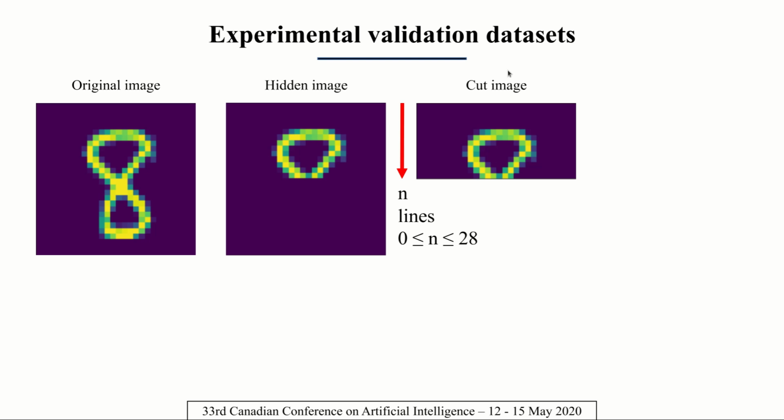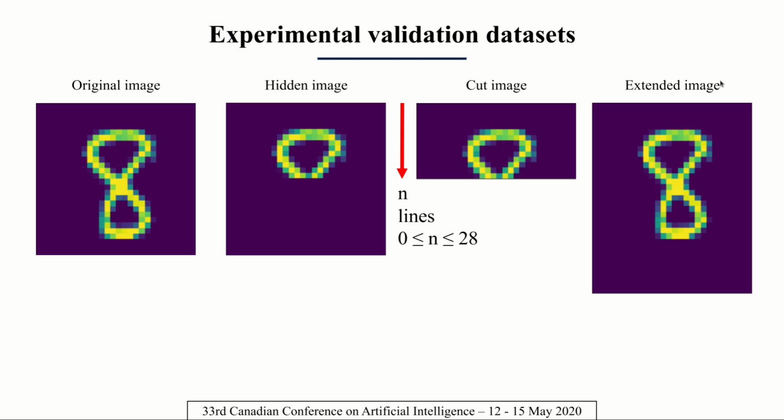Then we have the cut images, where again we show the first n lines of the images, but instead of making the rest of the lines blank, here we just cut the images, so the sequence length is reduced, while here we let the dynamical systems drift. And finally, we have the extended images, where we show the whole image and then we let the dynamical systems drift with blank lines at the end.